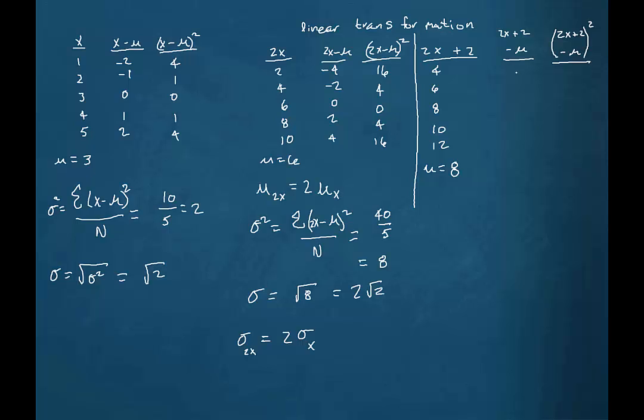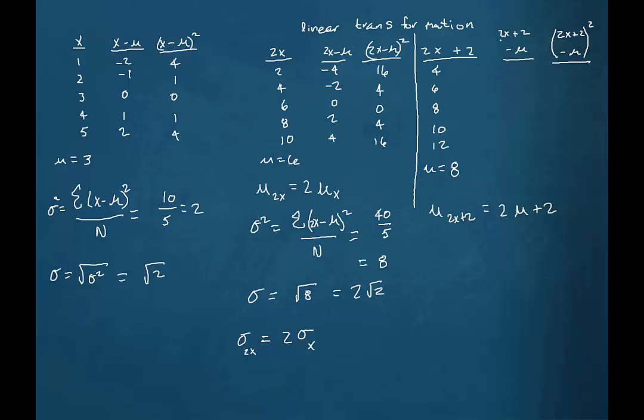So here when we subtract the mean, and the mean will be 8 now, and that's something that's interesting. So the mean, when we multiply by 2 and then add 2, is going to give us twice the mean plus 2.